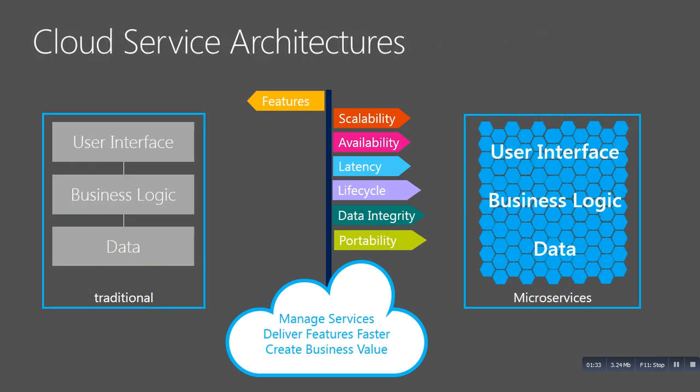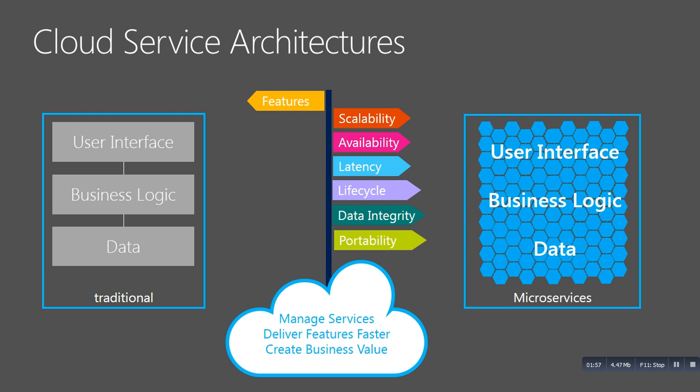So, cloud service architecture. It's not about Service Fabric here, but about how any service we are going to develop as a cloud native application or service is built. What is the difference between the traditional and microservices way?